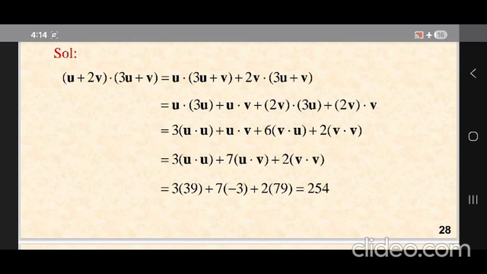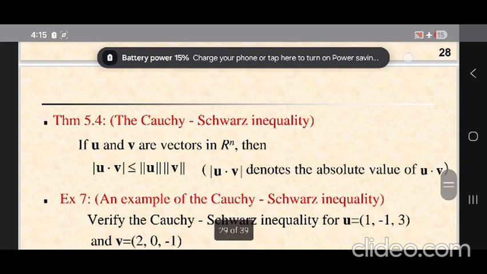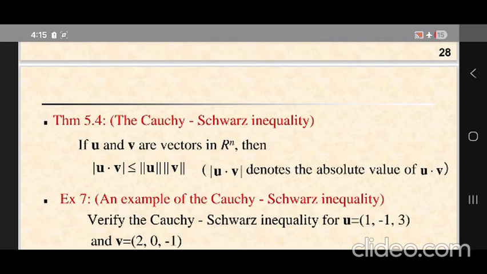The u dot u value is 39, the u dot v value is minus 3, and the v dot v value is 79. Multiplying the elements and adding them all, the final answer is 254.